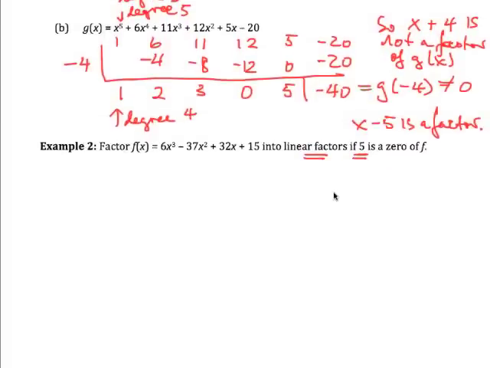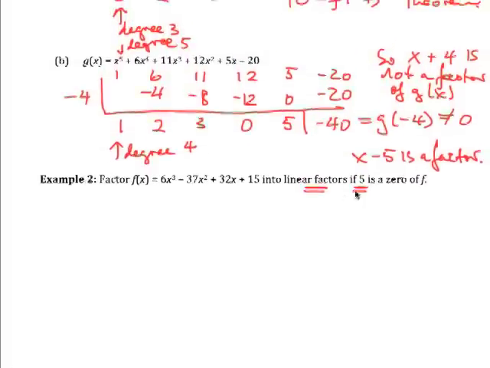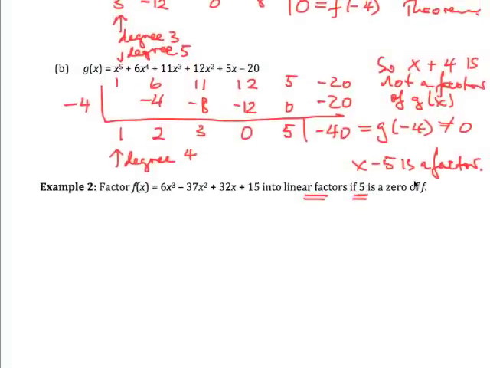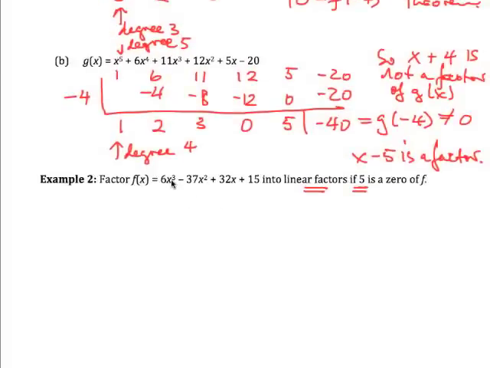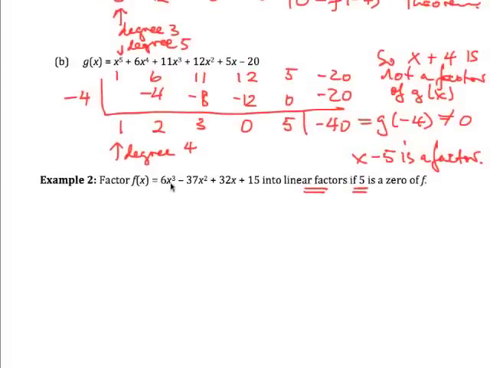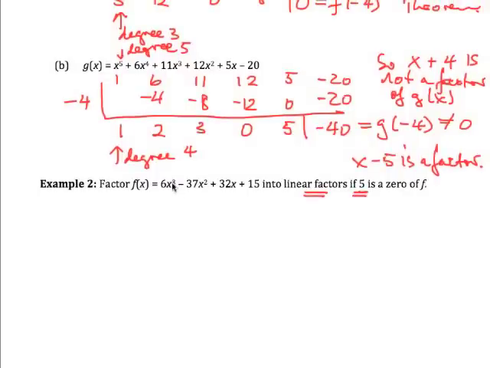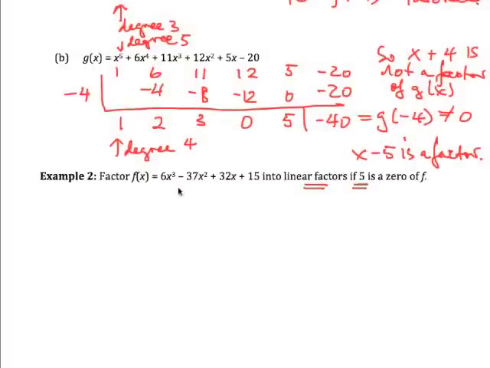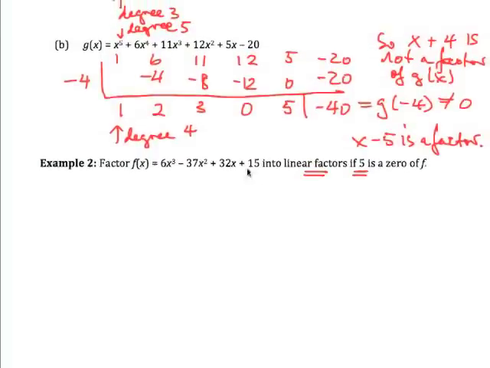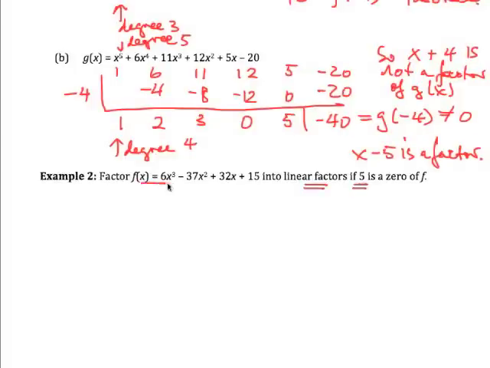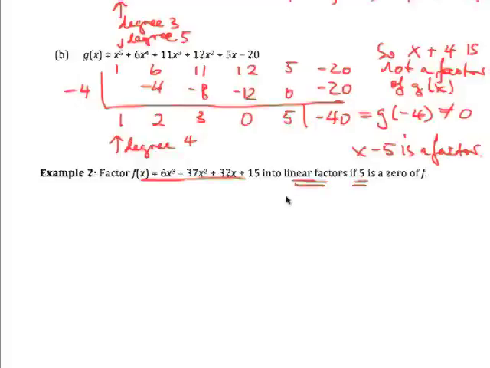And so consequently now, if we apply our synthetic division, we will reduce this cubic polynomial down to a degree 2, which is a quadratic, which we know how to solve. So let's see if we can actually factor this cubic into linear factors.